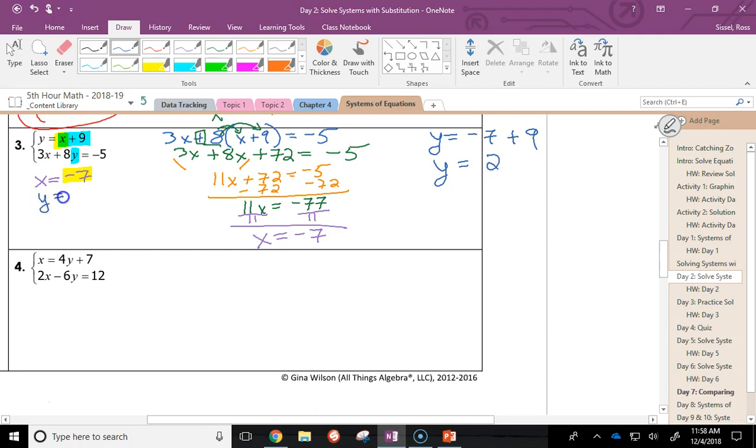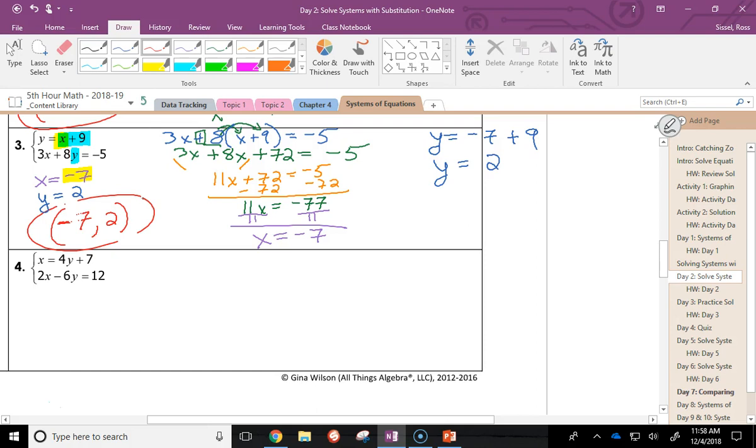So y equals 2. Negative 7, 2 is our answer. The toughest part is finding your first variable. Once you've done that, replacing it on the second one is usually pretty simple.